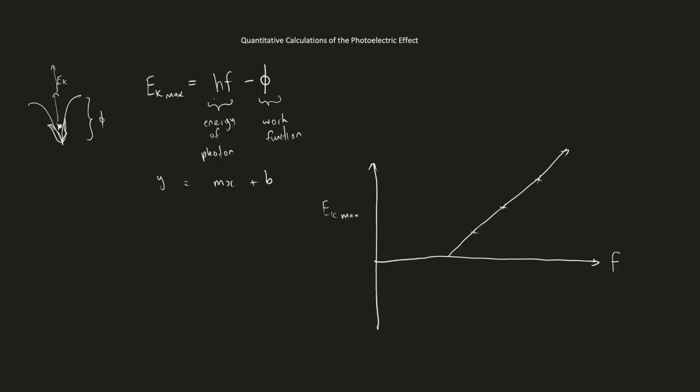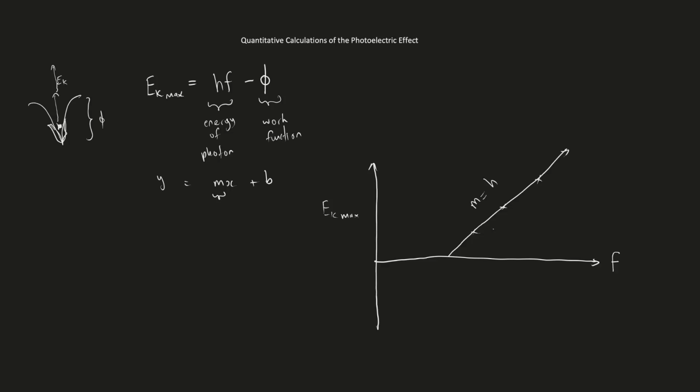The term multiplying our x value is h, and that is in the place of the gradient in the conventional linear equation format. So our gradient is going to be Planck's constant. That's very useful.